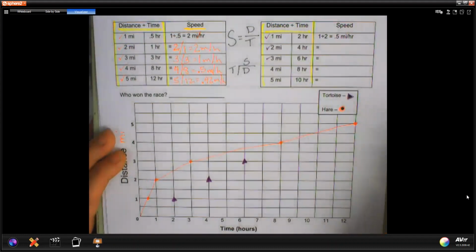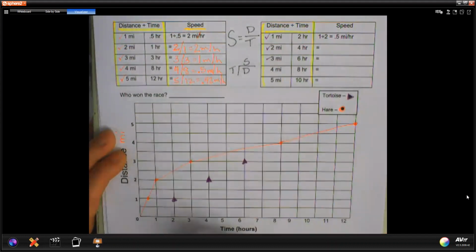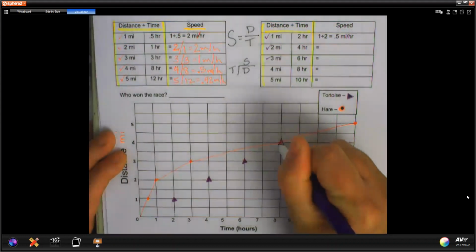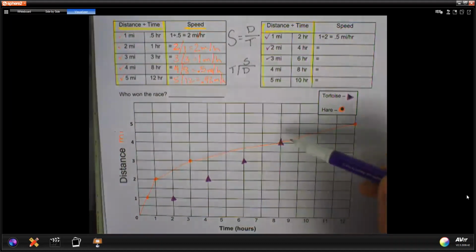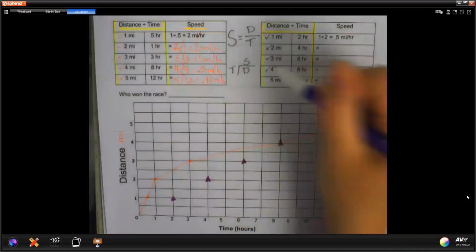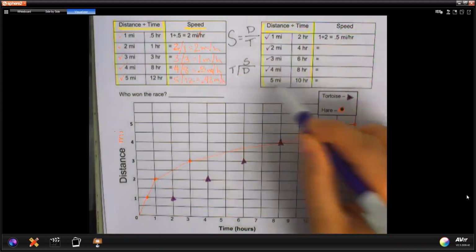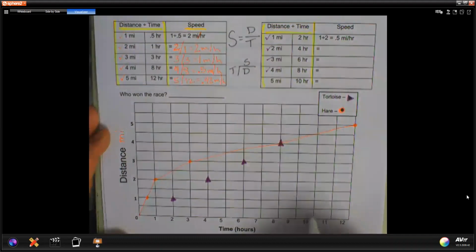You have that one. And then 4 miles in 8 hours. Go across to 8 hours, up to 4 miles. And you'll notice at this point, they actually overlap. It's okay for them to overlap. That happens sometimes. That just means the tortoise is now past the hare. Then our last one, 5 miles in 10 hours. I'm going to go across to the 10 hours, up to the 5-mile mark.